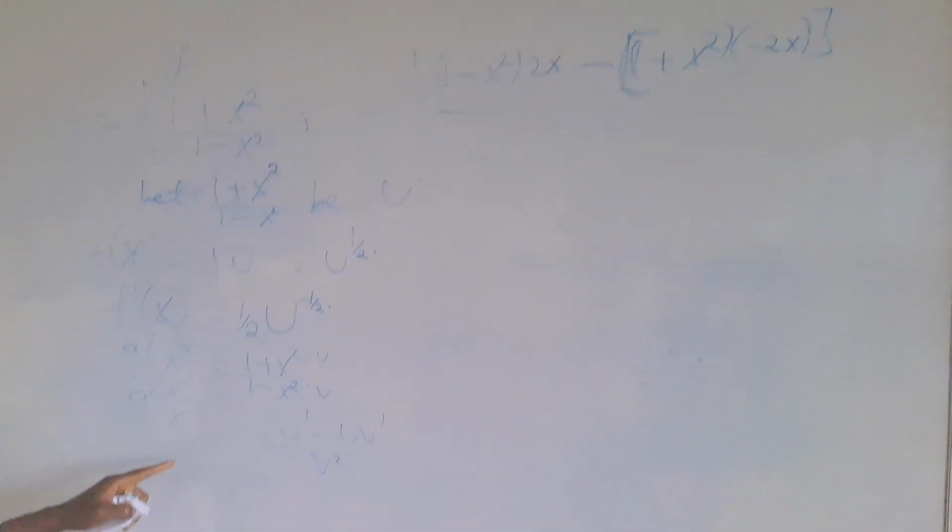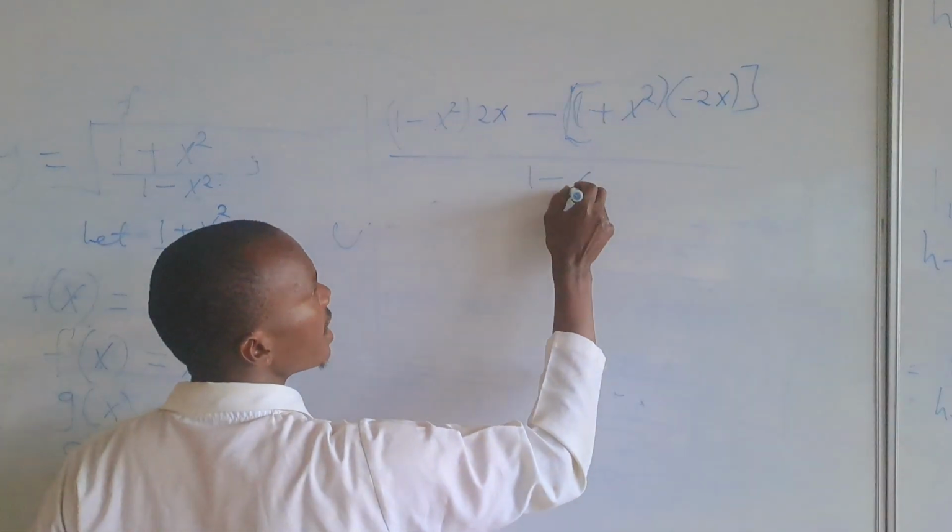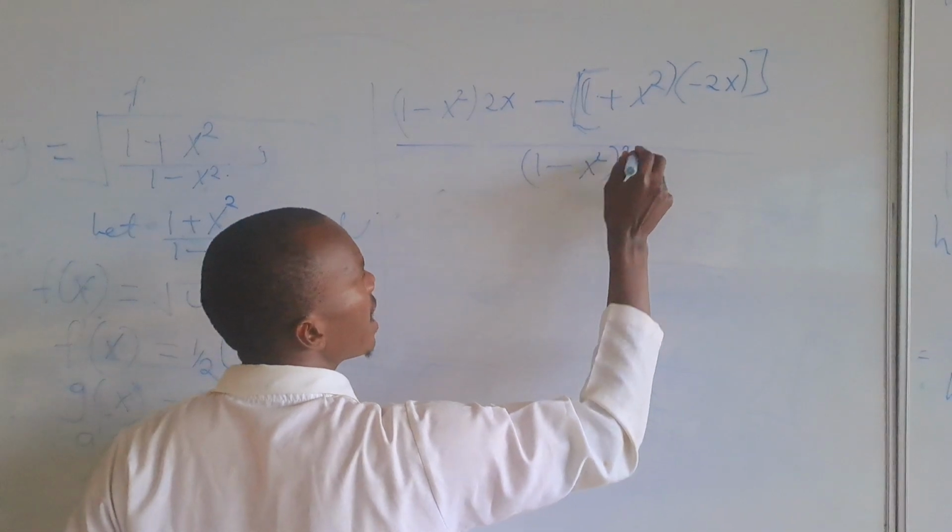In this case, the v squared is 1 minus x squared, then we square that.